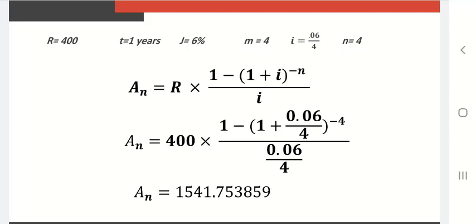In the formula, A sub N equals R times 1 minus 1 plus I to the power negative N over I. We will get A sub N equal to 1541.